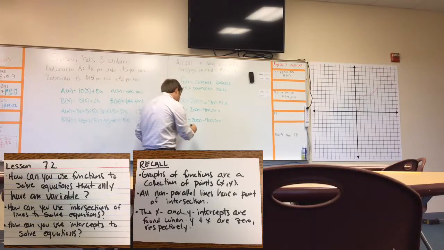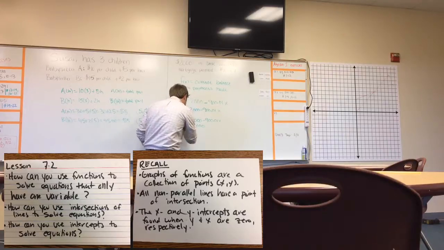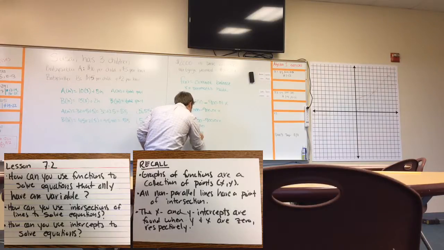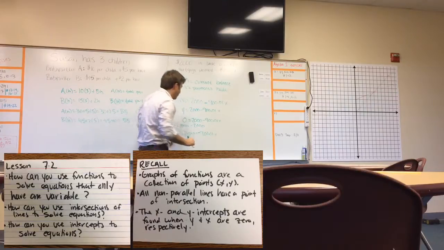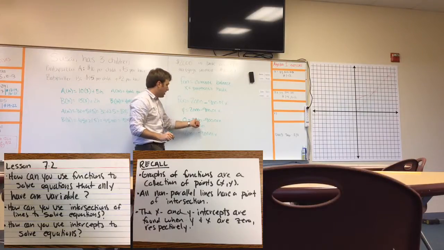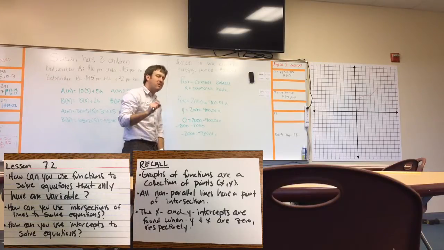Okay? So we subtract 2,000 from both sides. End up with negative 2,000 equals negative 900.01x. Notice, because over here I was subtracting 900.01, when I subtract away the 2,000, it goes over here. The 900.01 is still negative.